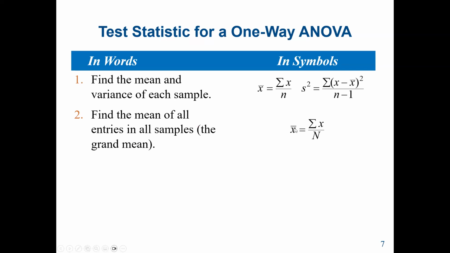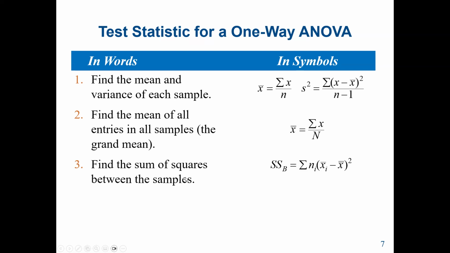So the grand mean will be the sum of all entries divided by the total sample size. So uppercase N will be the total size of all the samples. Let's say if it's 3 samples, then the total sum of all the 3 samples.